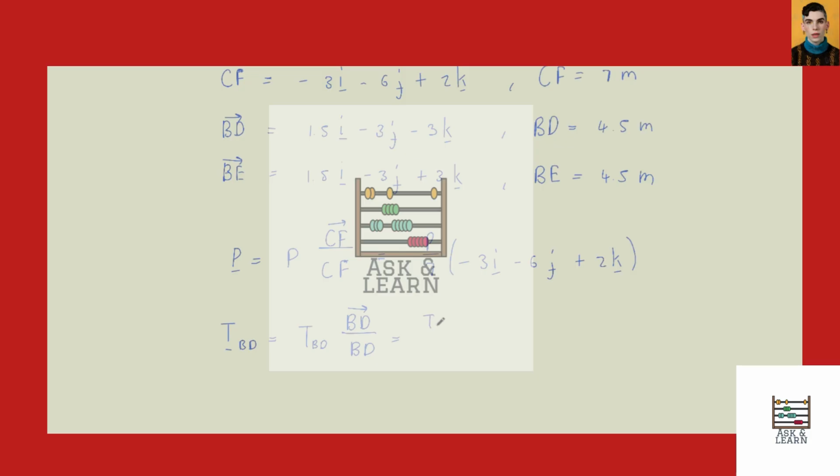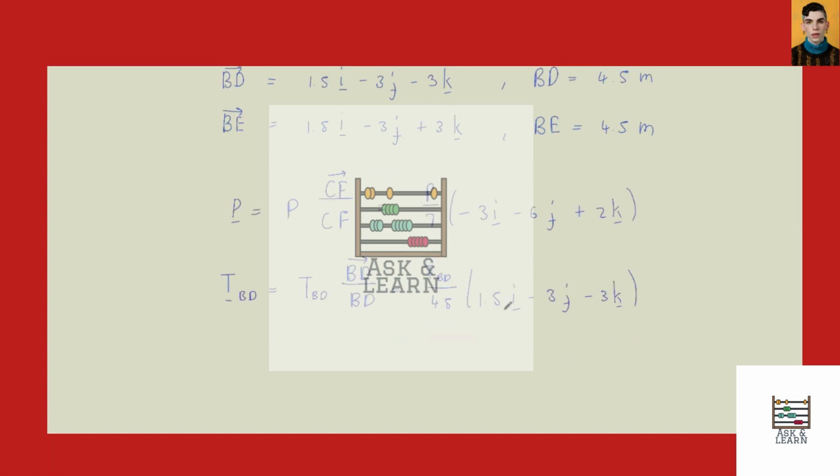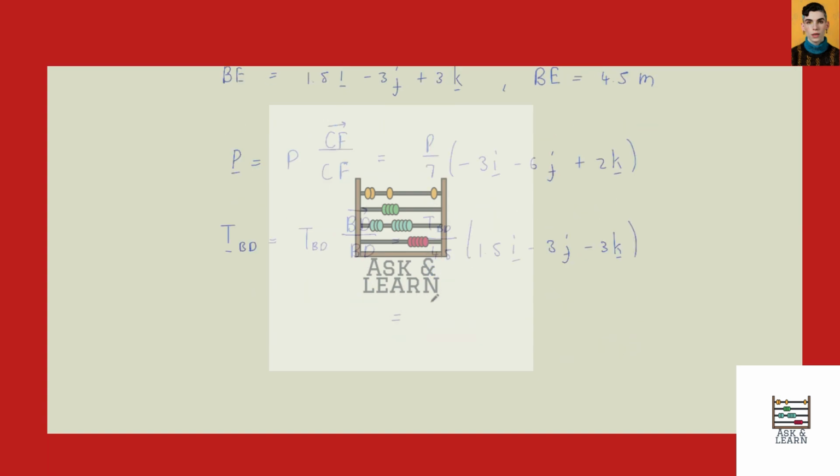So this is TBD divided by 4.5 times the vector 1.5 I minus 3J minus 3K. And we can actually simplify this, and this becomes TBD over 3 into I minus 2J minus 2K.